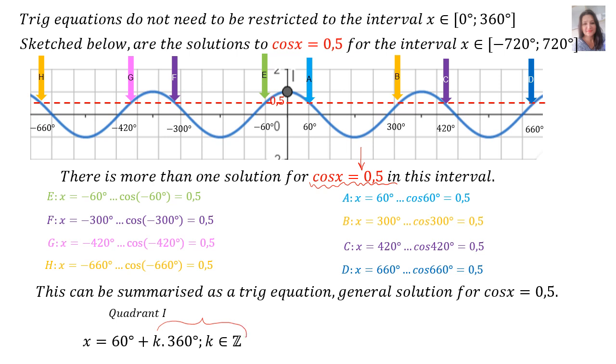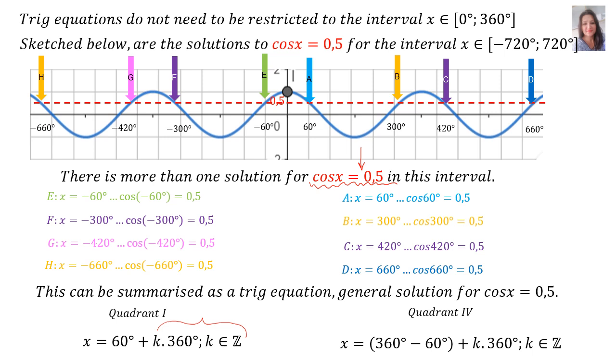Now we turn the specific solution into a general solution. And then again, we will go back to the equation. Cos x is 0,5. We say, where is cos positive? It was the first quadrant and the fourth quadrant. And then the specific solution would be x is 360 minus 60 degrees, because in the fourth quadrant the rule is 360 minus the acute angle.